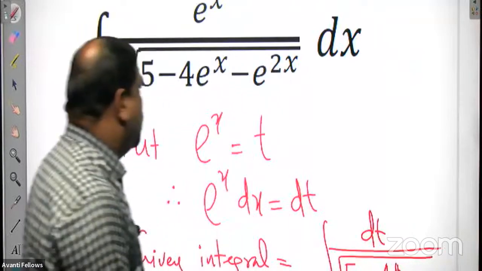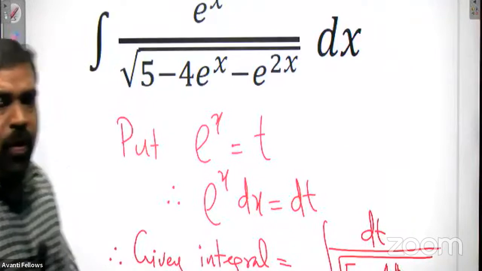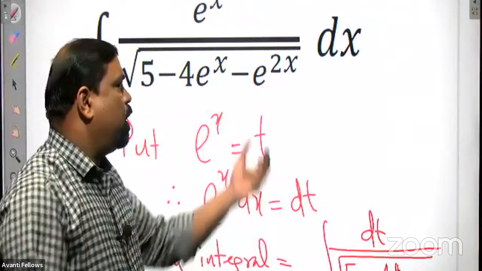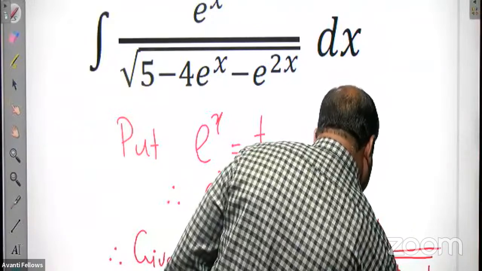So 4t minus e raised to 2x stands for e raised to x the whole square. e power 2x means the square of e raised to x. That means t square.